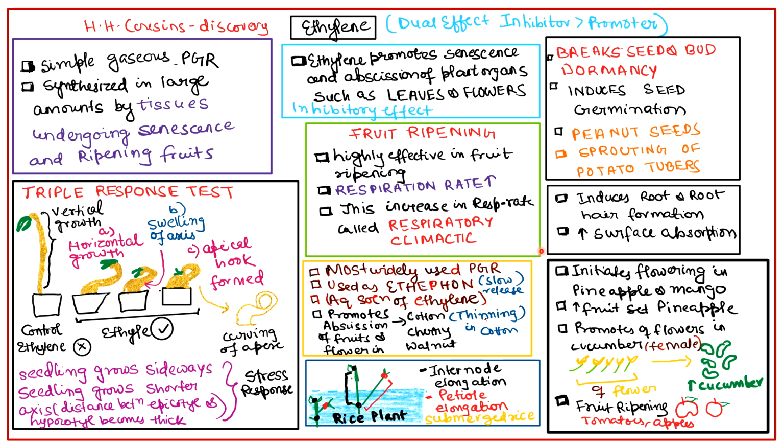Ethylene is a feminizing hormone. It also promotes female flowers, typically in the case of cucumber. So these are your female flowers. More female flowers are produced in cucumber, as a result of which the yield of cucumber increases. Where else have we seen a feminizing hormone? If you remember, auxin is also a feminizing hormone, but in cucumber the female flowers are produced mainly by the action of ethylene, while auxin plays a side role.